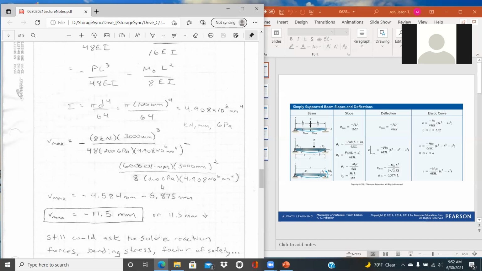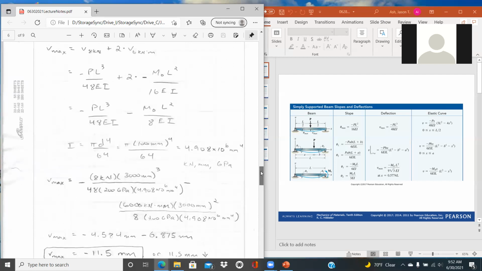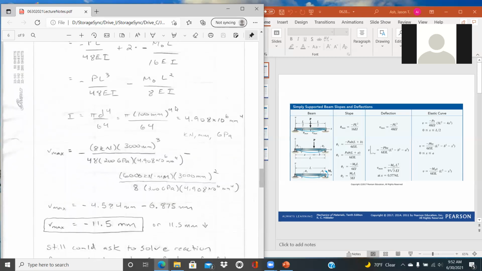Length of the beam again, E again, and I again. And we already took into account the 2 there, canceled with the 16 to leave us 8 in the denominator. So that's already in there. But that's then all of the values that's going in.